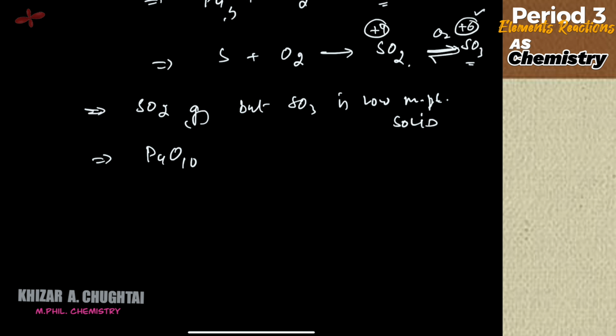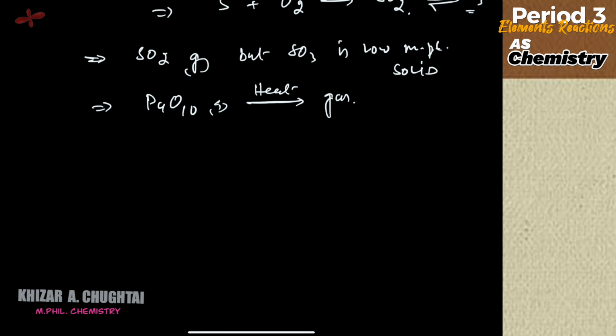P4O10 sublimes when heated. I mean, it's a solid, and when it is heated, it changes into the gaseous form. So it shows sublimation. There is no melting of P4O10 over here.